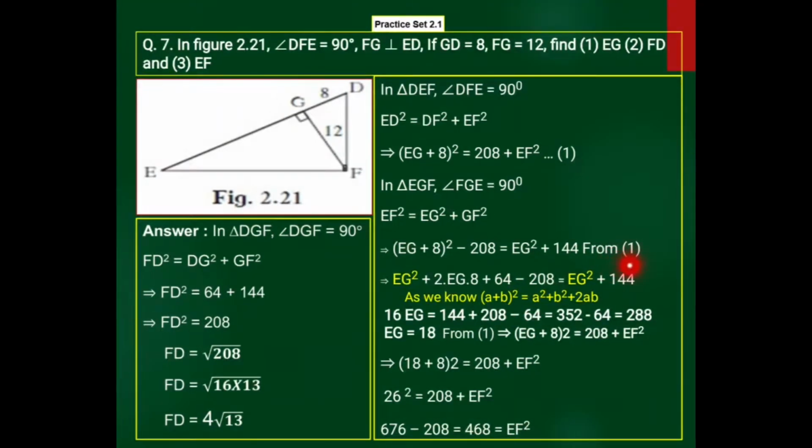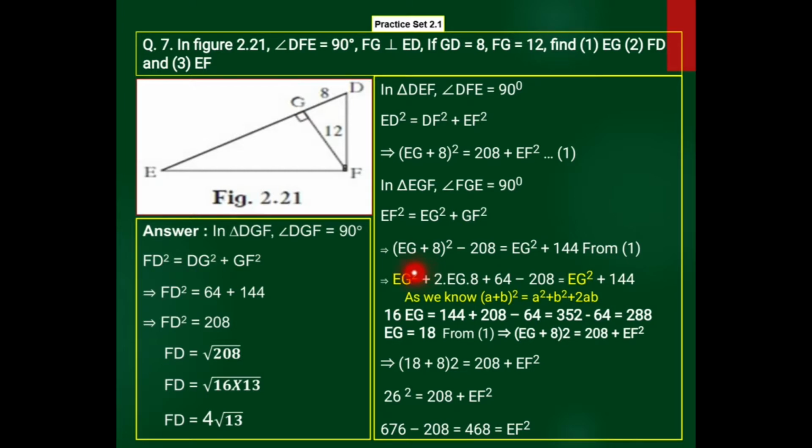And we replace the value of EF. From equation 1 we find EF square by transferring this 208 to the left hand side. So we replace EF square by EG plus 8 whole square minus 208. Keep EG square as it is, and substitute the value of GF as 12. So 12 square is 144.